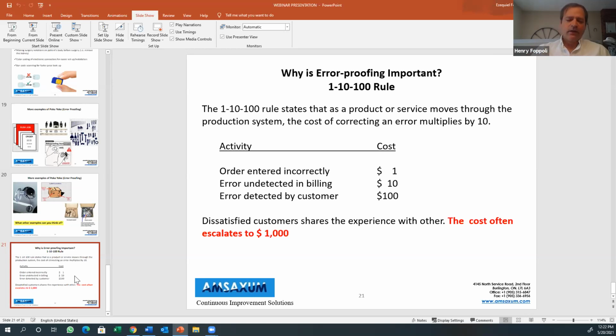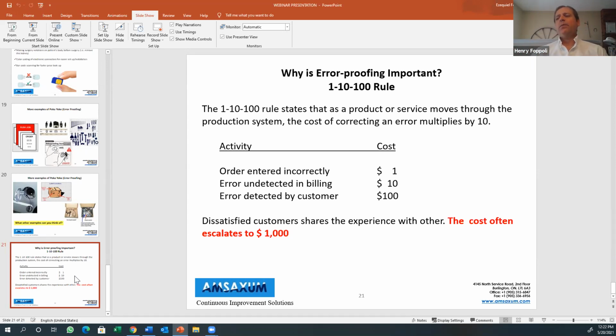For instance, in a process that has 3 steps, if the mistake is not fixed in the first step and is carried over to the second step, that cost increases by 10, and so on and so forth. In a 3-step process, you can expect the cost of fixing a problem that passed undetected to be in the hundreds of dollars, and in a 4-step process, you can expect thousands of dollars to fix that problem.